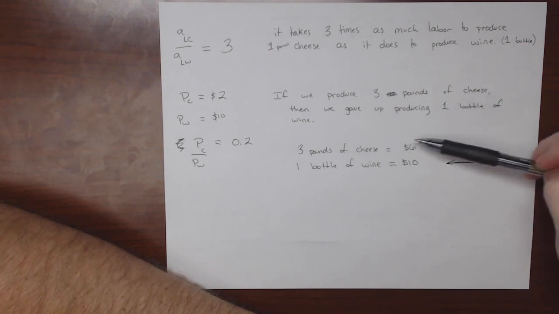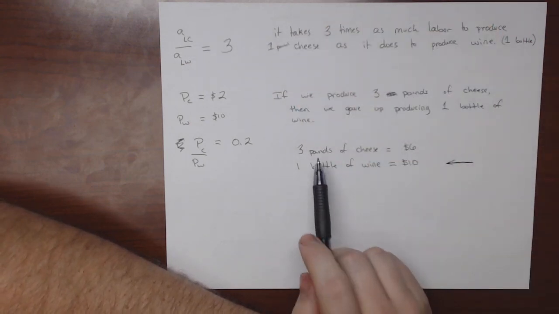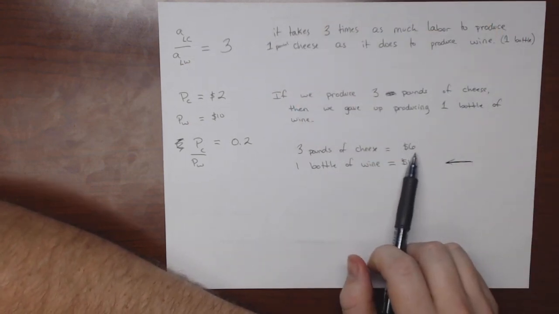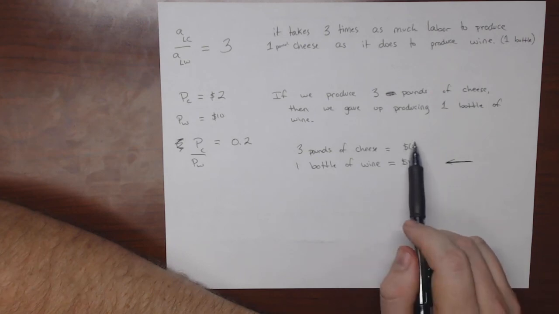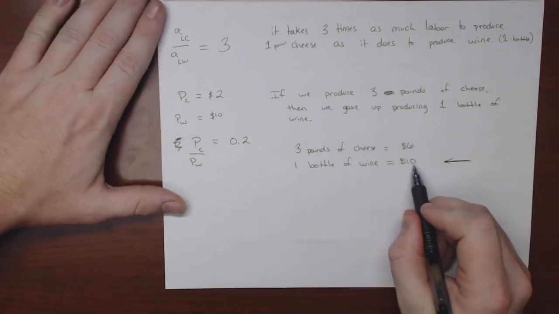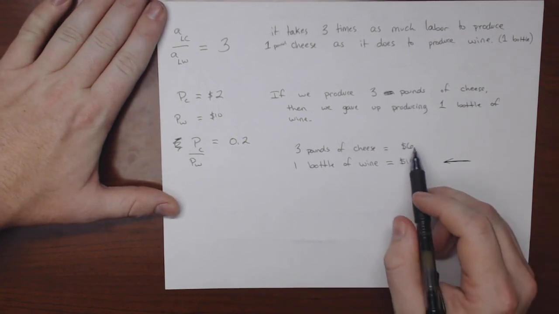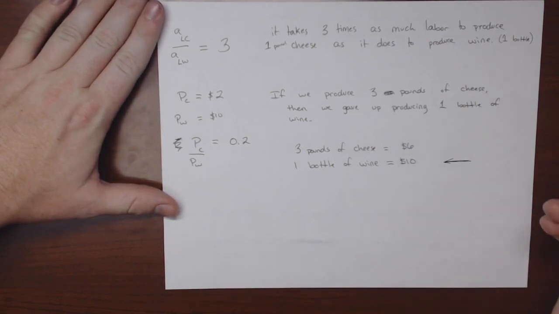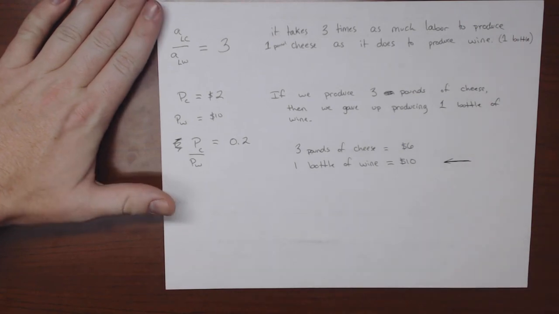Okay, this would make this fraction here work, which means we are giving up $10 of wine to get $6 of cheese. Well, that doesn't seem to be a smart move. We should try to have the $10 instead of the 6, and so we pick to specialize in the wine.